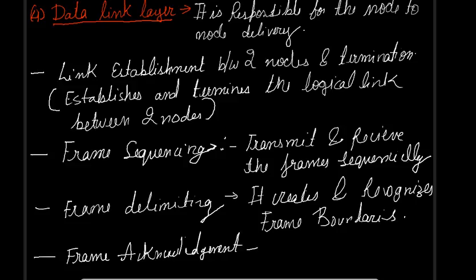The next layer is the physical layer. Fifth layer is the physical layer. So before this, the job of node to node delivery, frame sequencing, frame delimiting, and frame traffic control was all the job of the data link layer.